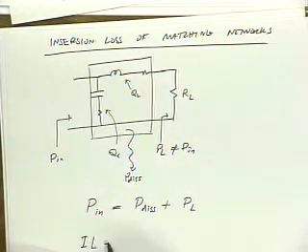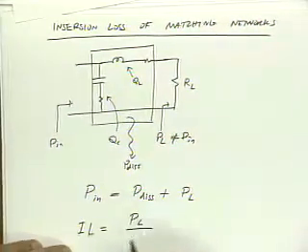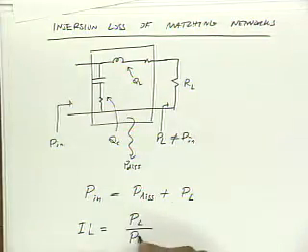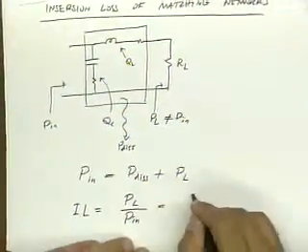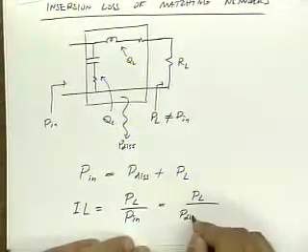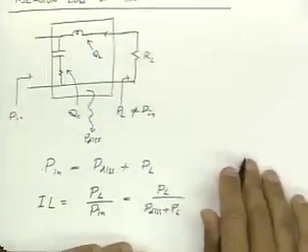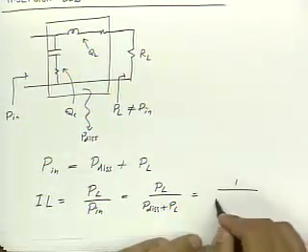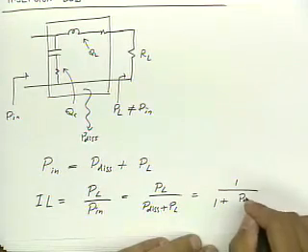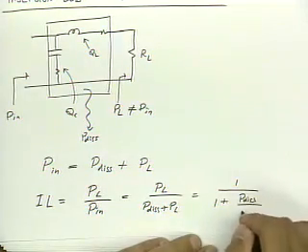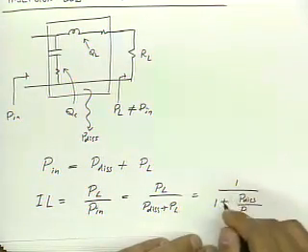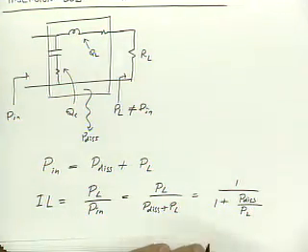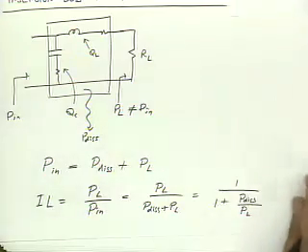So if we look at the insertion loss, that's the power that goes to the load divided by the power going in. And so I just substitute here and derive a very obvious expression that it's basically proportional to 1 over 1 plus the power dissipated divided by the power of the load. Okay? Very obvious expression.